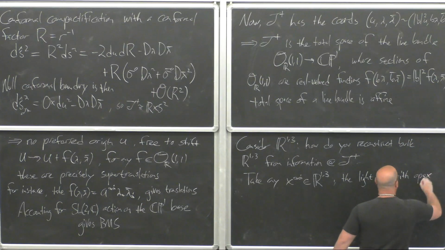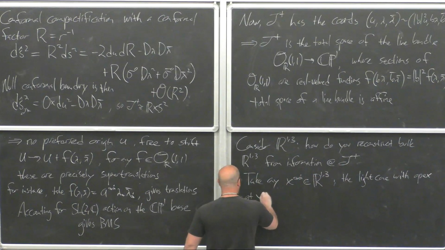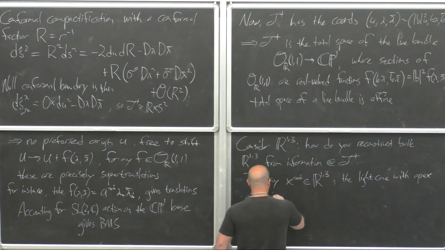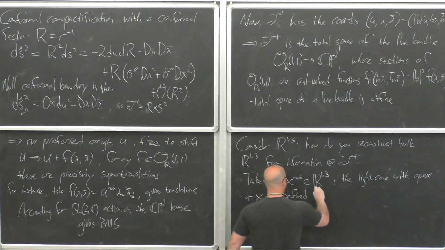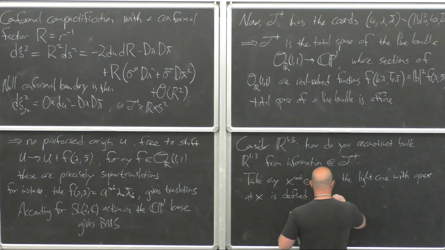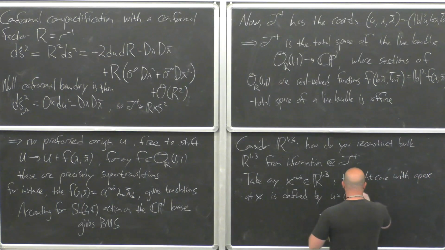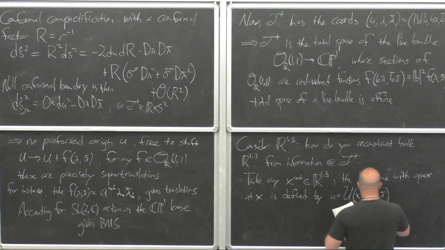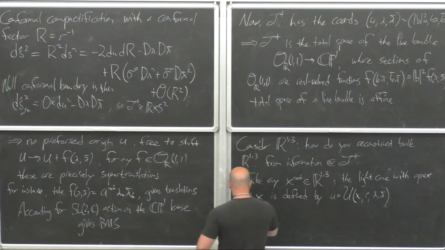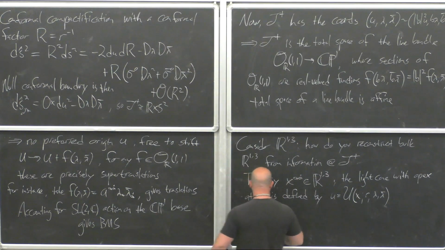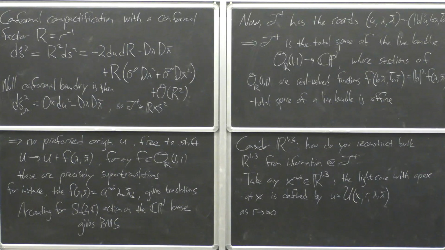So the light cone with apex at x will be defined by some function which fixes the retarded Bondi time in terms of x, r, λ, and λ bar. I'm just writing schematically the equation for a light cone, if you like. And then, as r goes to infinity, this light cone will go out and it will intersect scri plus.